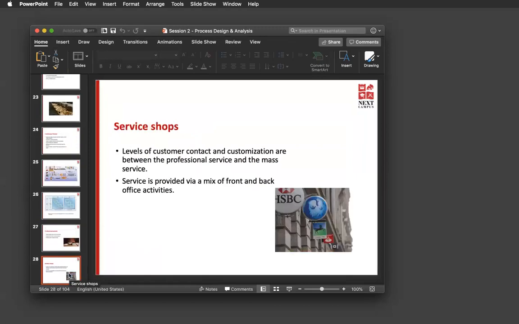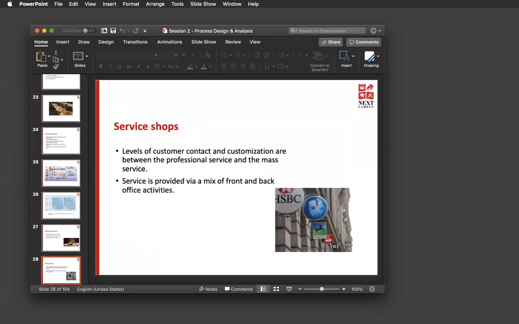A service shop is slightly more, like when you go to the bank. The level of customer contact and customization are between the professional service and the mass service. So you go to a bank for a particular reason.